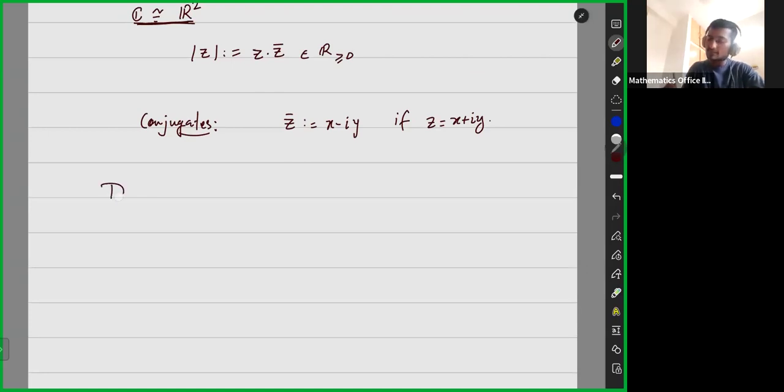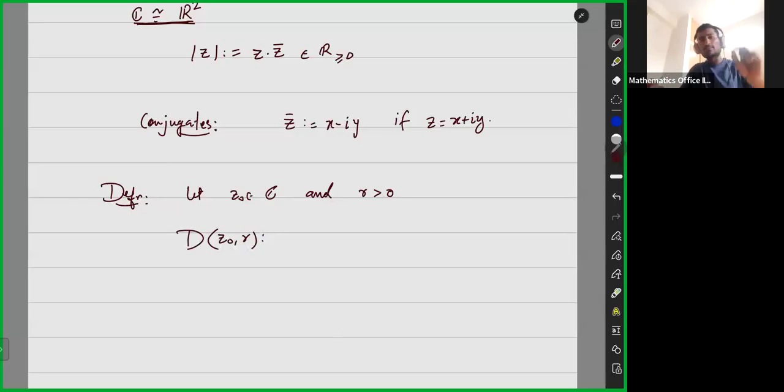Definition: let z naught belong to C and r be a positive number. We define D(z naught, r), which is the ball of radius r around z naught in the complex plane, for z naught some point here, r the radius here.